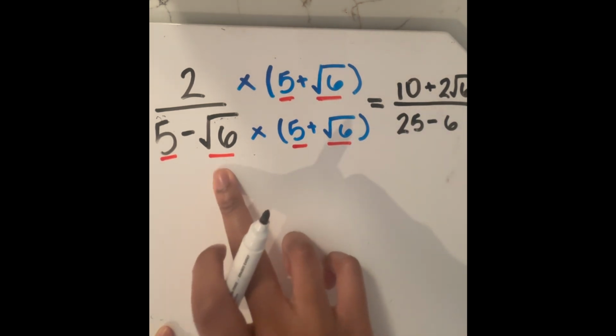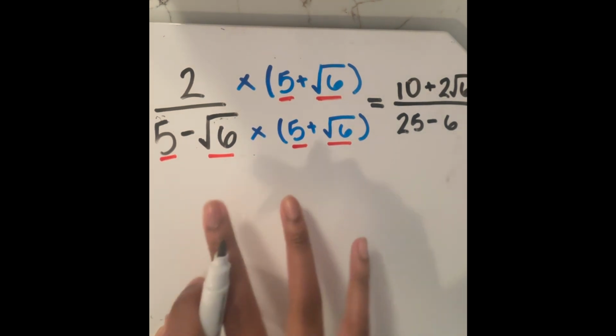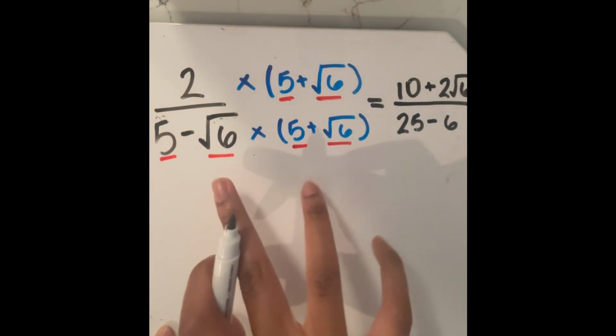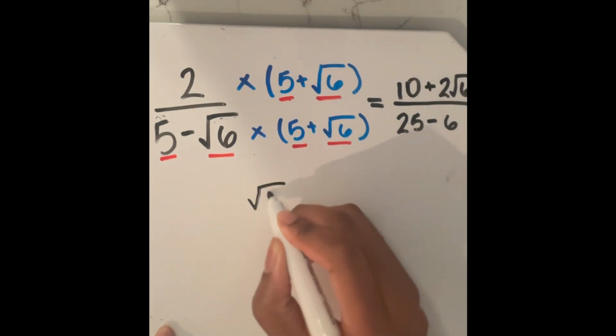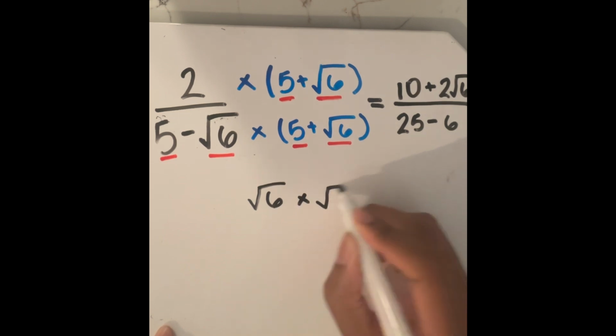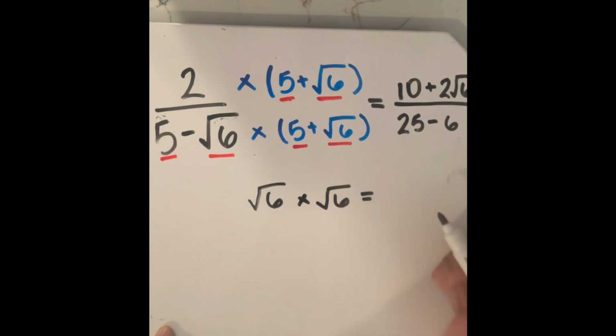Or the square root of 5 times the square root of 5, that would just be 5. But I'll show you the reasoning behind that. If we have the square root of 6 times the square root of 6, we could just write that as the square root of 36.